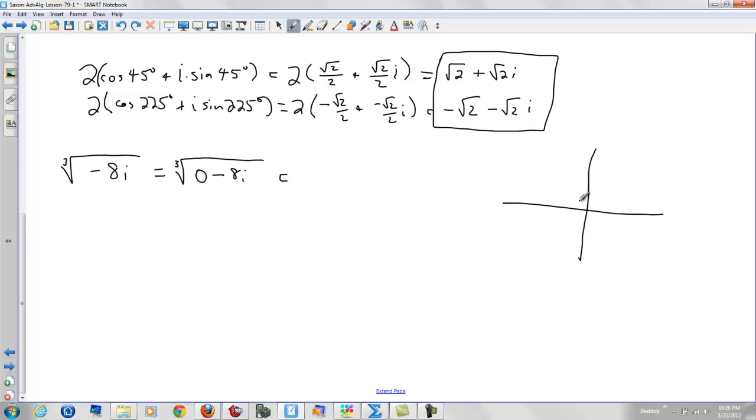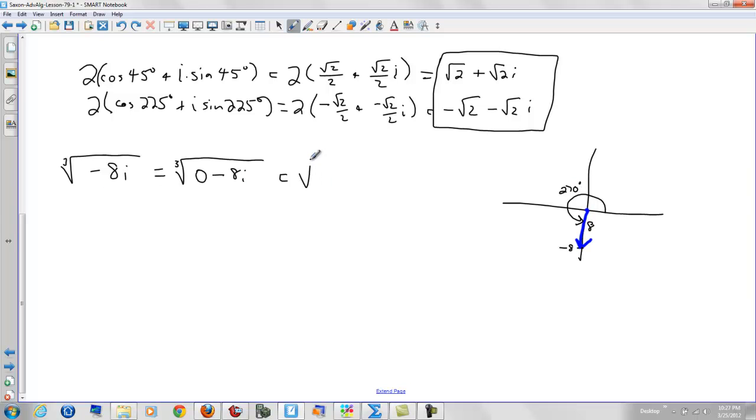With the real axis in the x direction and the imaginary axis in the y direction, down here is -8 in the imaginary direction. So my vector would be right there. It has a length 8 and an angle of 270 degrees.